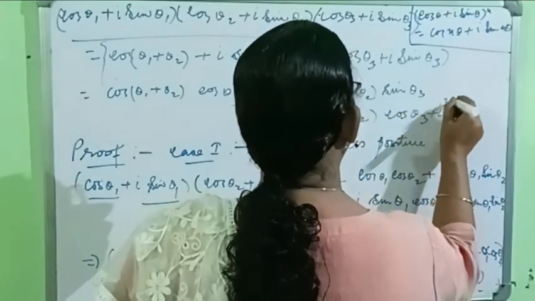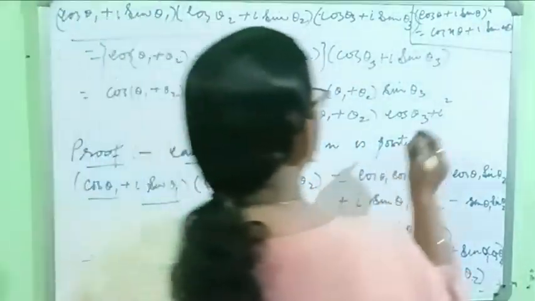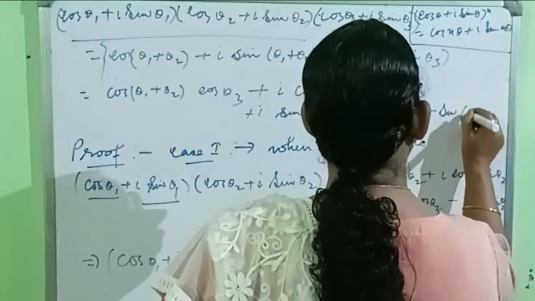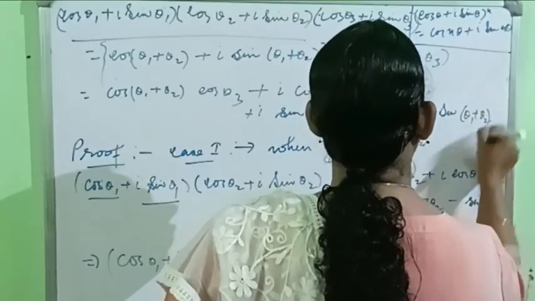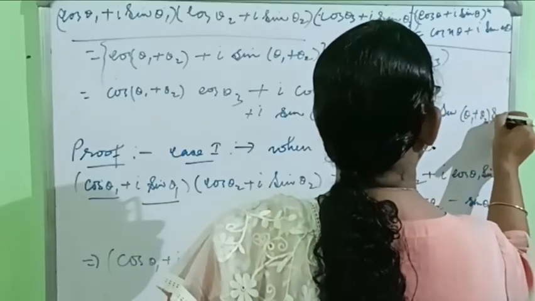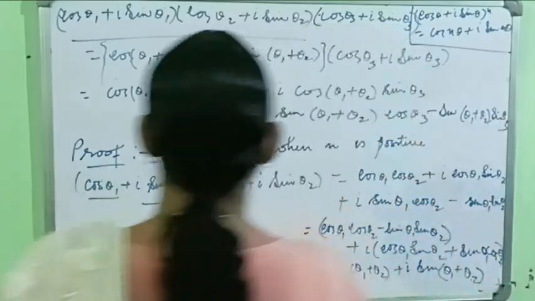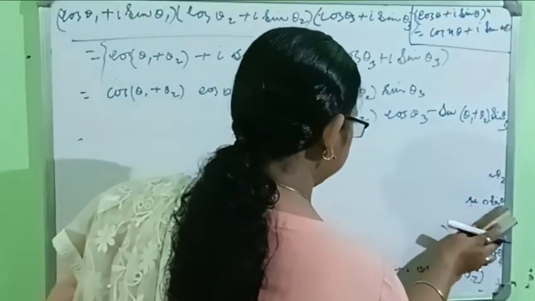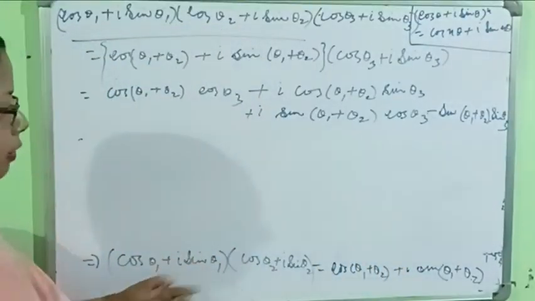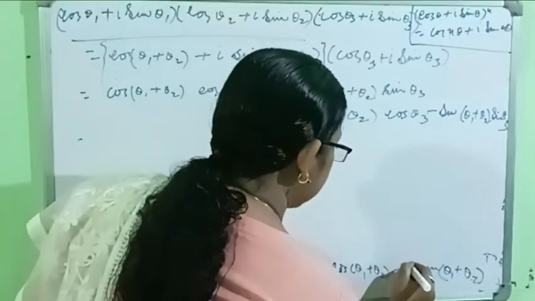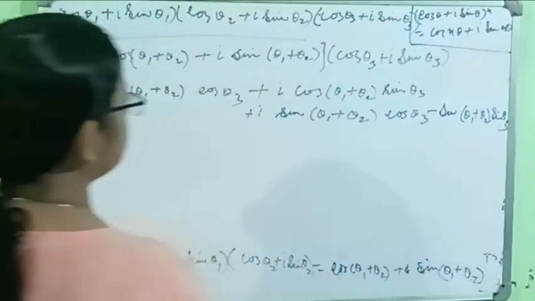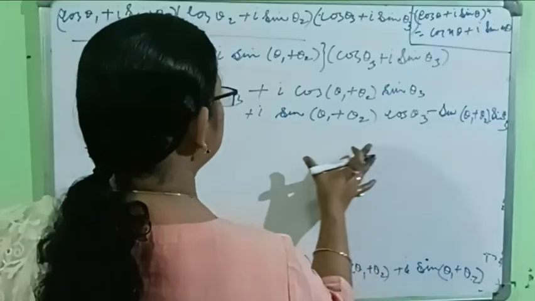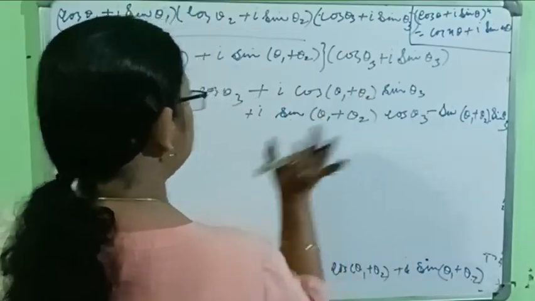Here it is i square, so this is minus 1. We will use this one. This is i sin theta 3 times sin of theta 1 plus theta 2. So write the real part with real part and imaginary with imaginary part.